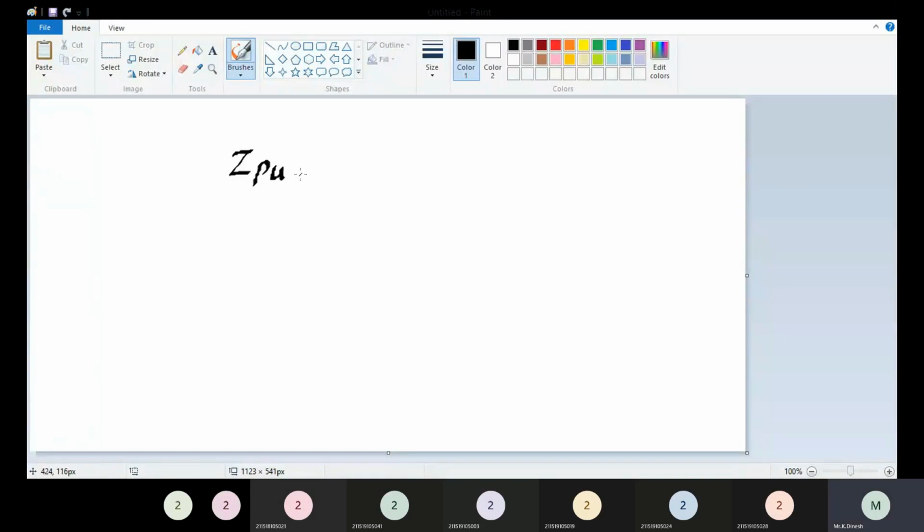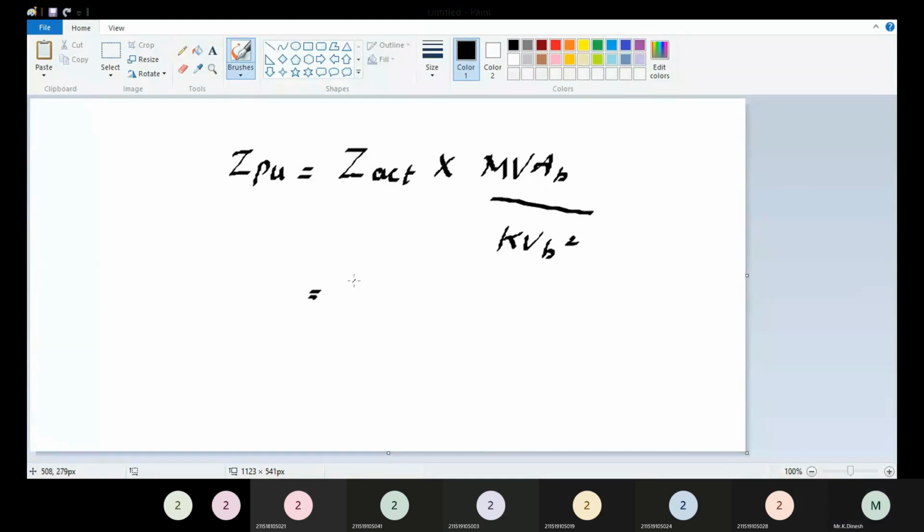The per unit equals the actual, which is given in the problem, into MVAB divided by KVB square. The actual is nothing but 4 plus j60, multiplied with MVAB, which is 100 MVA.